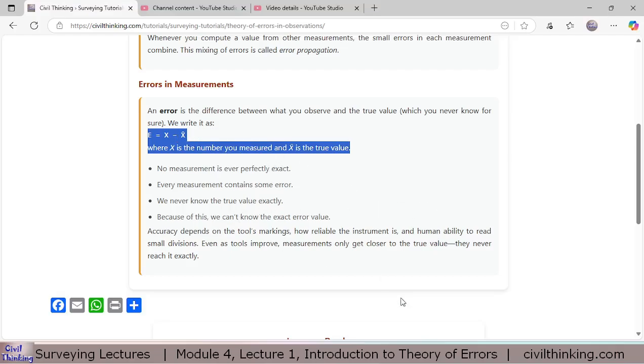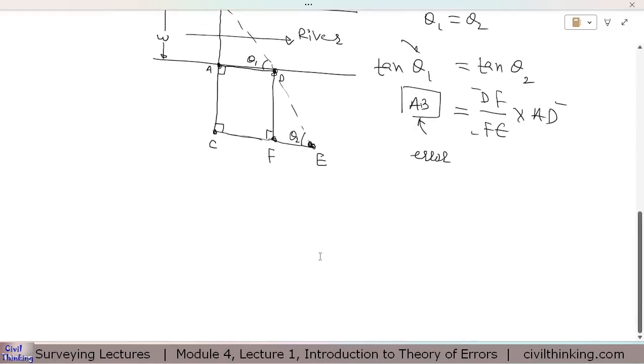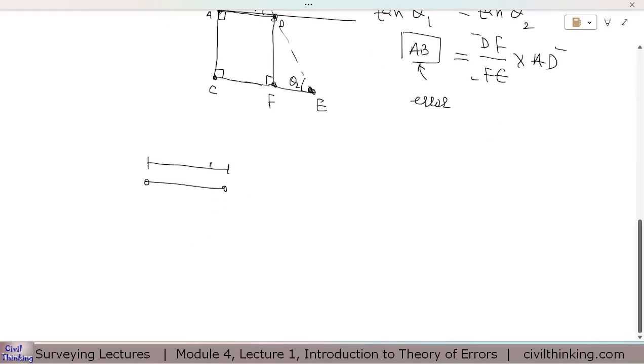If you want to measure the distance between 2 points, for example using a tape, it gives the observed value or measured value. But there is some true distance between them, and we never know the true value.